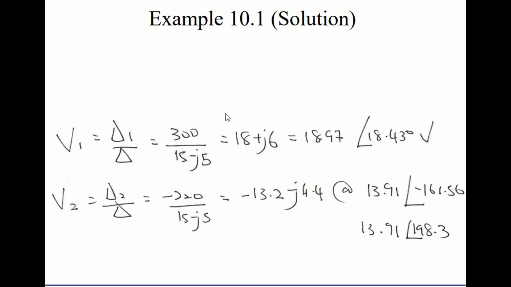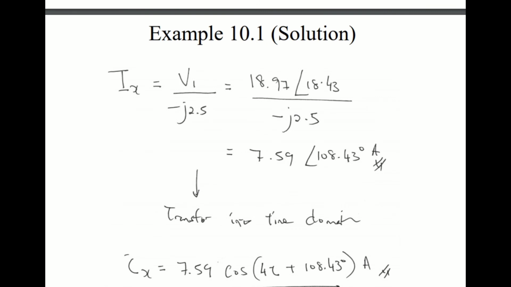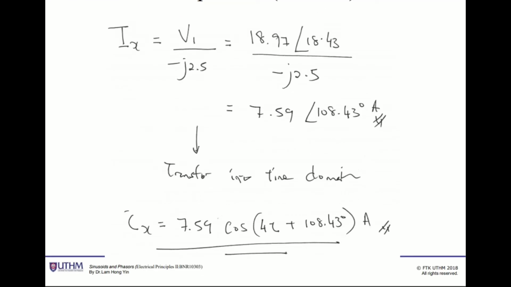The same answer is given by the website calculator. You can change the phasor form to the sinusoid form if the question asks you to, so you'd better read the question carefully.